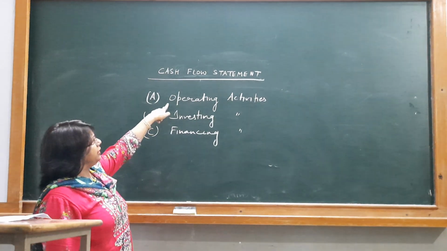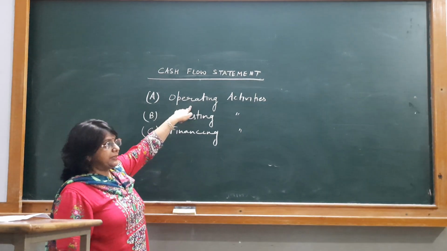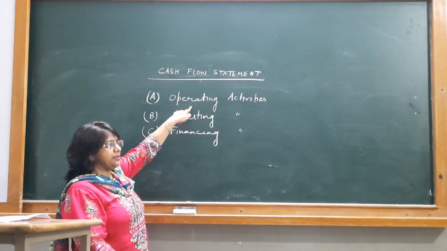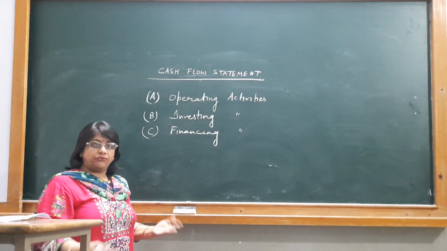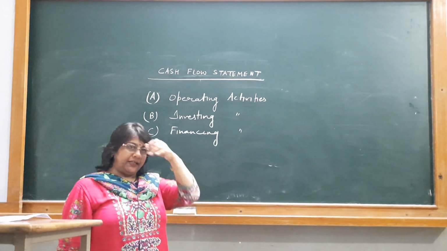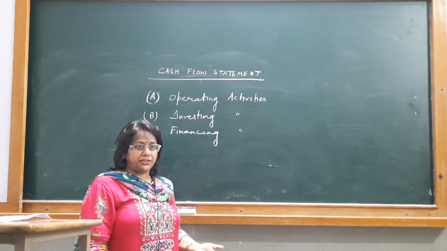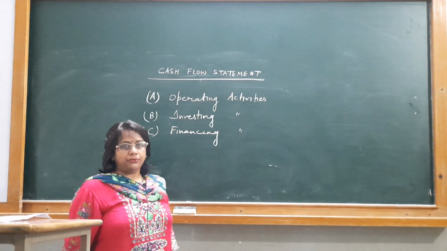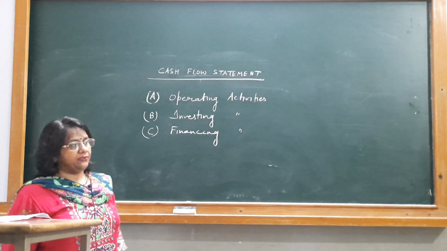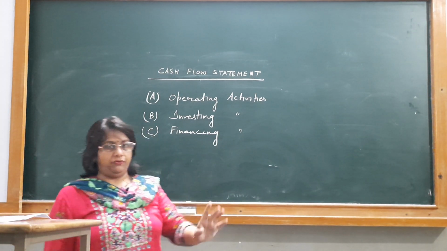So, whatever revenues are emerging because of sale of stationery and whatever expenses are incurred by the proprietor in connection to that, all those are operating. So, operating activity is your main business, and from that main business what cash is coming is called cash inflow, and what cash and cash equivalent are going, those are called cash outflow.